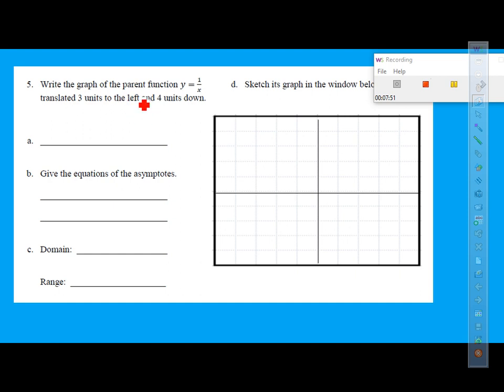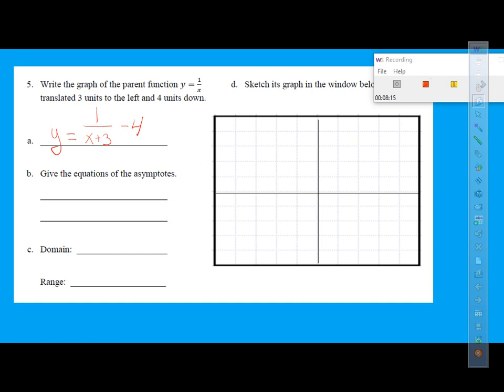So to translate something to the left, I need to see an x plus, in this case, 3. And then 4 units down. Well, here's what this new equation looks like. y = 1 over (x + 3) - 4. That plus 3 moves it 3 to the left. That minus 4 will move it down.